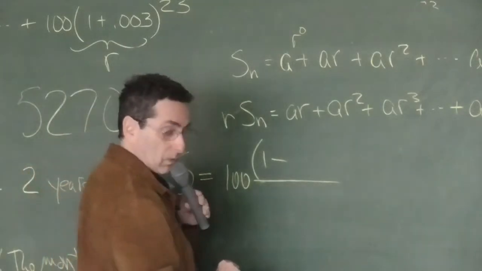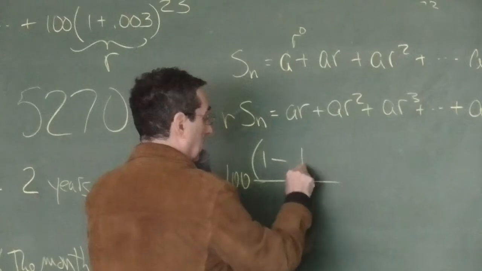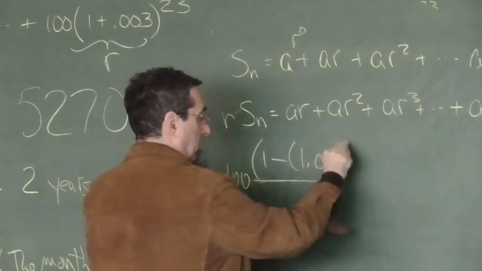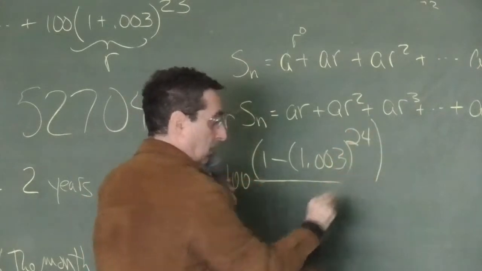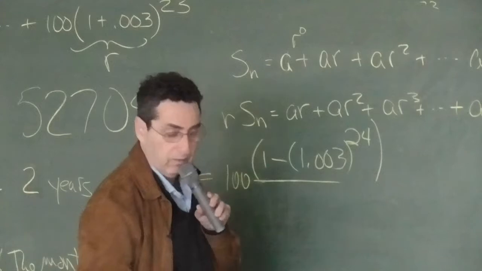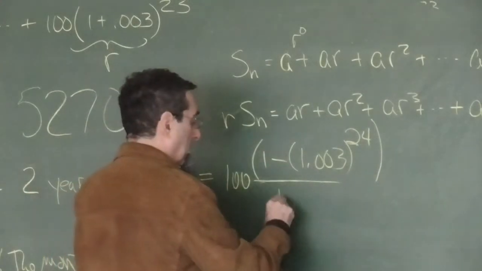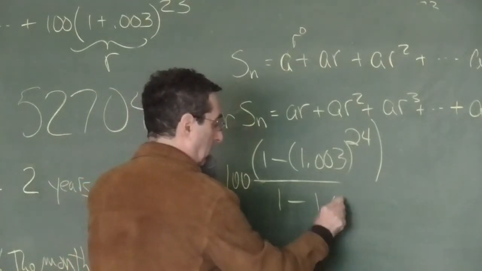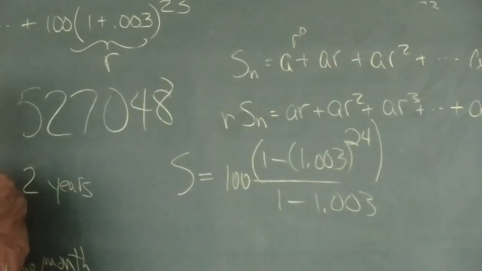So what is it? 1 minus R is 1.003 to the 24th. Is that right? Yeah, okay. And then 1 minus R. Okay? And now we have the future value for the annuity.